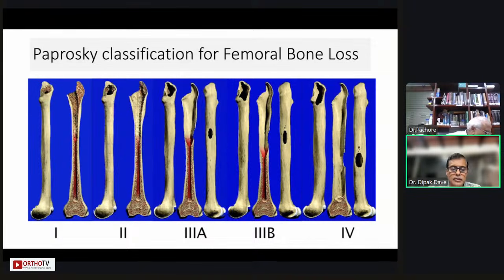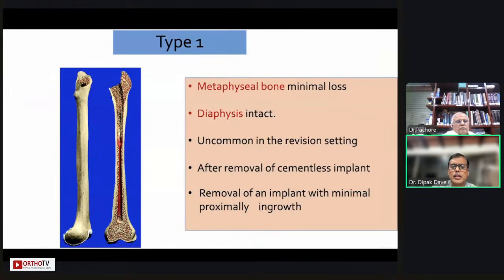When you classify your patient's X-ray, immediately your mind will know what kind of implant you need, what you have to do and what you will encounter during the surgery. It is type 1, type 2, 3A, 3B and 4. These are the 5 classifications. So if you look at this, what is type 1?